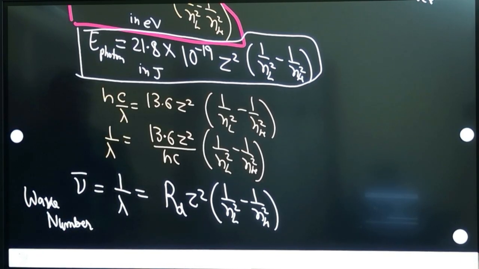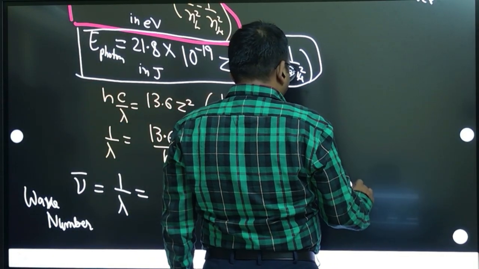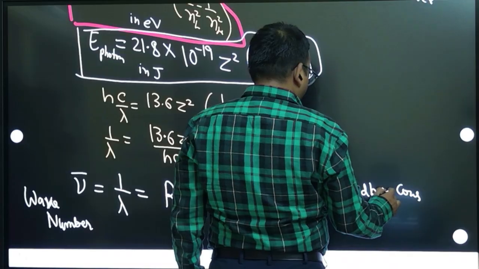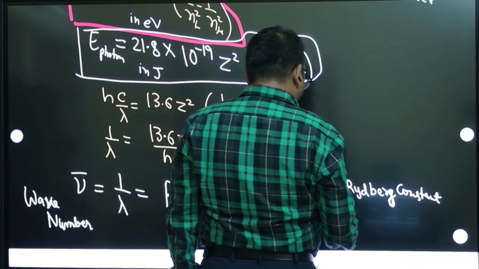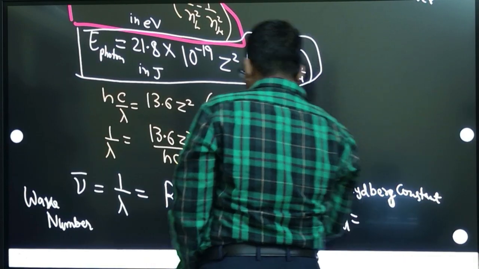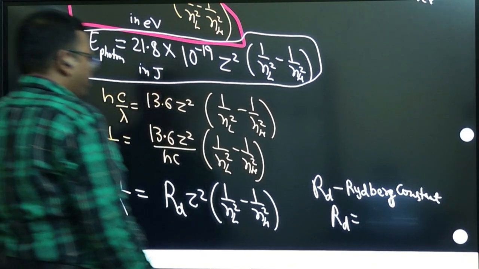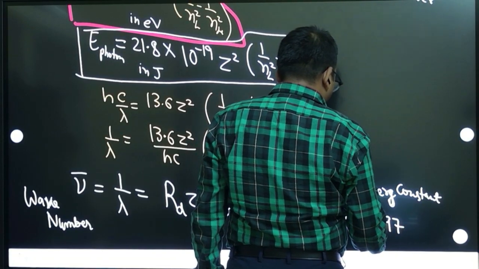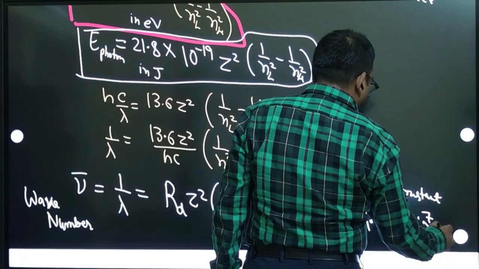Okay, 1 by lambda. So this Rd here is the Rydberg constant. And the value of this Rydberg constant in SI unit, I am giving the values in SI unit, is 1.097, that means nearly 1, times 10 to the power 7 per meter.